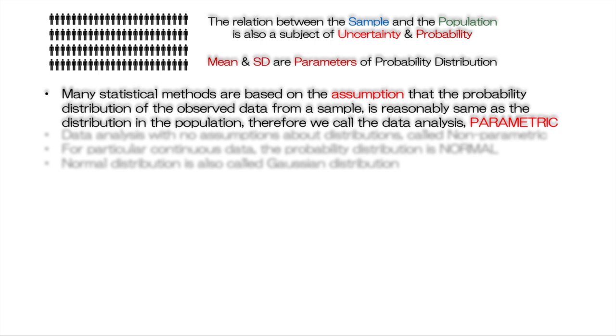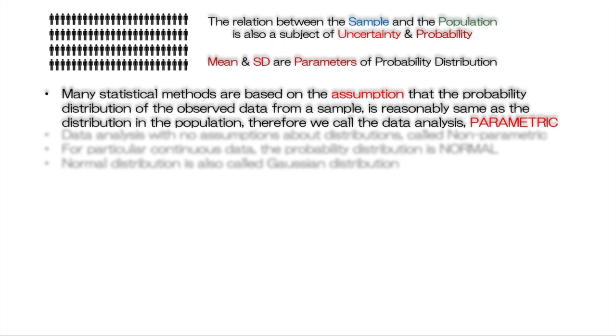And for various reasons, parametric statistical analysis is only appropriate when we have quite a large sample and a very large population. In this case, we can assume that the probability distribution of the observed data from the sample is reasonably the same as the distribution in the population, but even then we cannot always use parametric approaches.